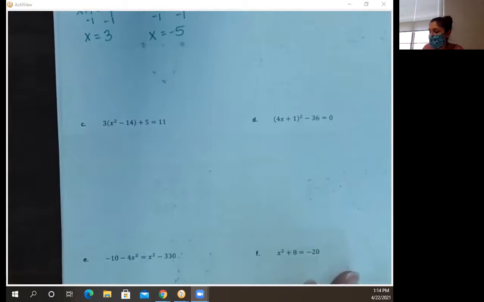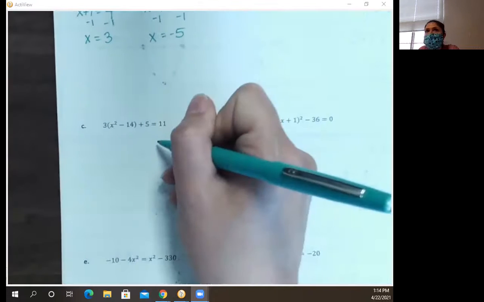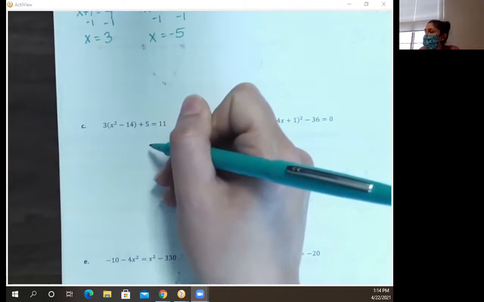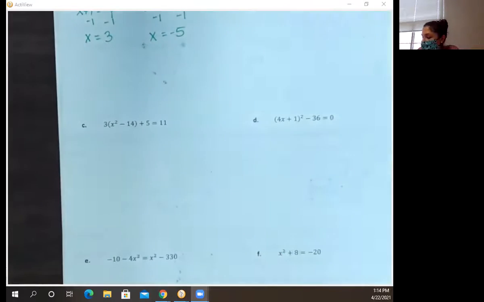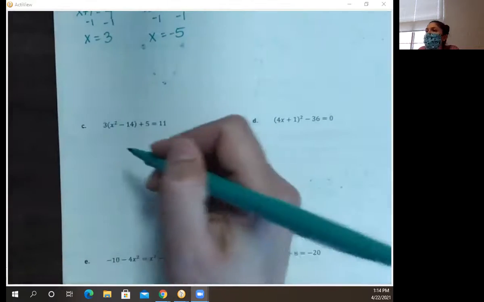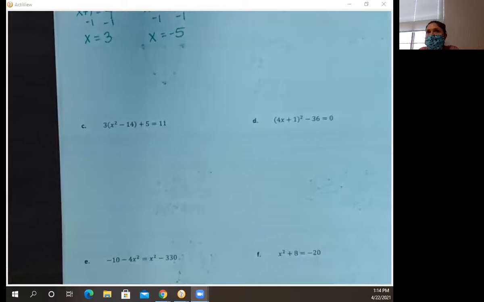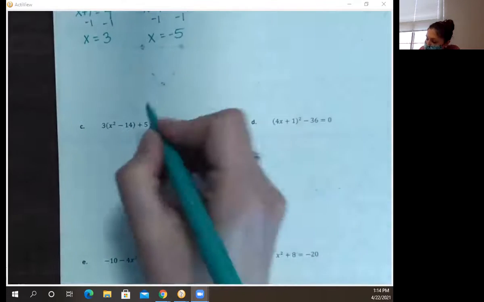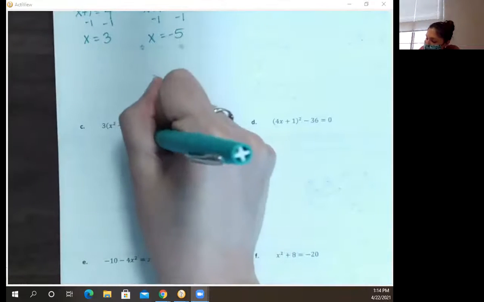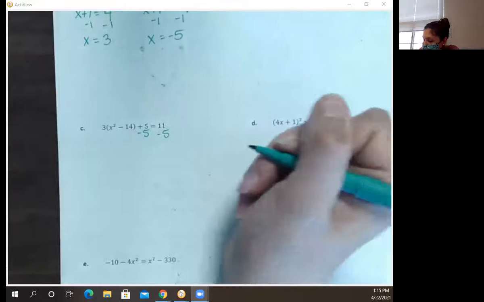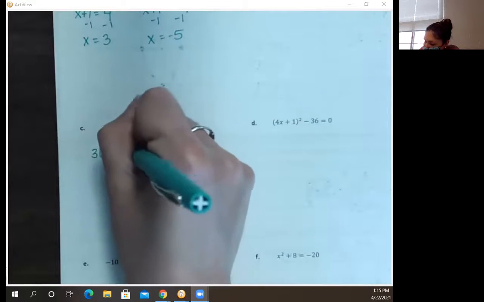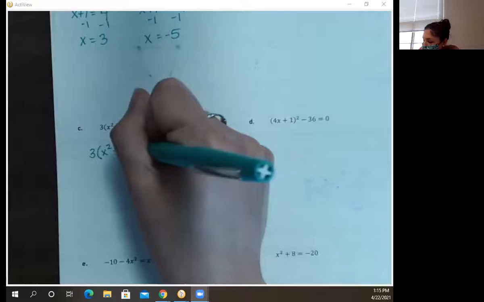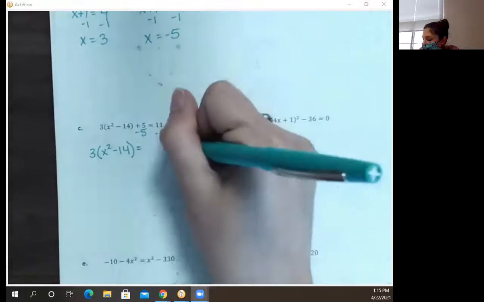Okay. Let's hop down to C. C is just like the problems that we worked on the last page. I just have an x that I'm squaring here. The only difference is I've got a little bit more to unravel. Okay? So let's start by moving this 5 to the other side. So I get 3 times x squared minus 14 in parentheses equals 11 minus 5 gives me 6.